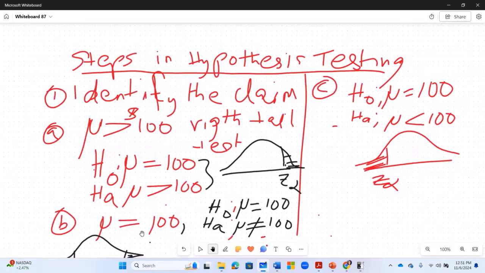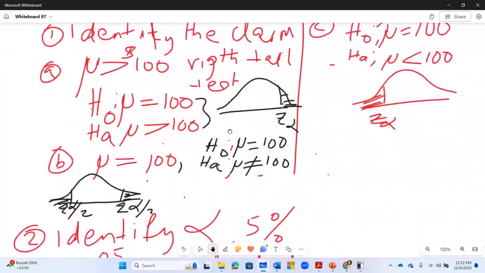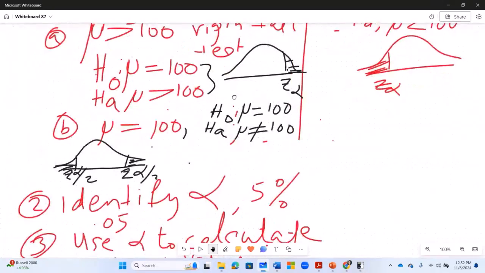There are keywords that will tell you that, and that is a two-tailed test. Or the person is claiming that the cost is now less than, then it's a left tail test. Whichever test you're doing, draw a normal curve and shade the region.